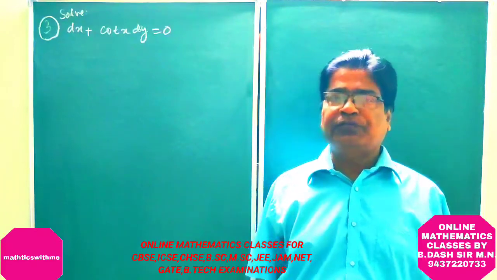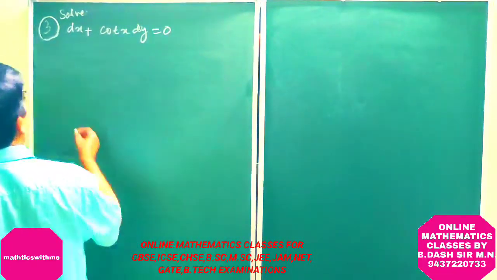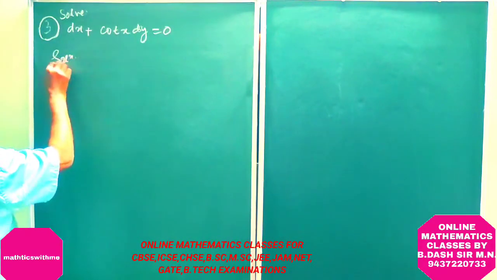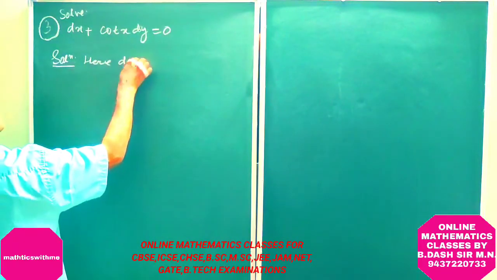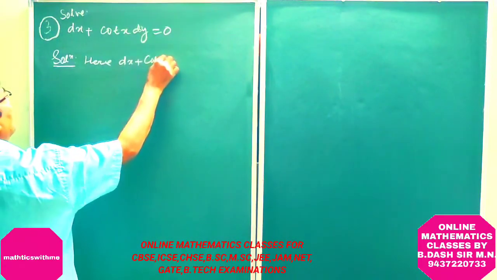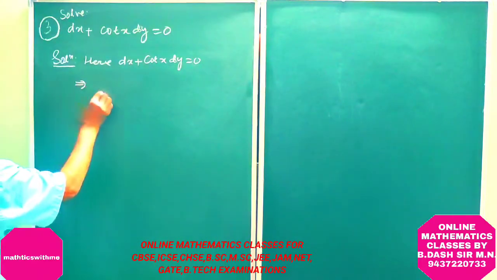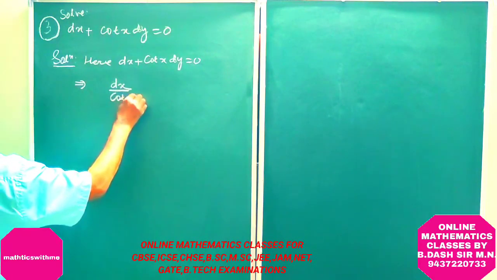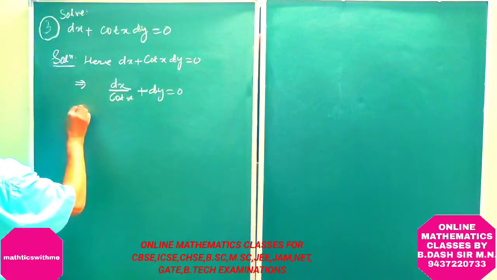Our next question is, solve dx plus cot x dy is equal to 0. Now solution. Here dx plus cot x dy is equal to 0. This implies dx by cot x plus dy is equal to 0.